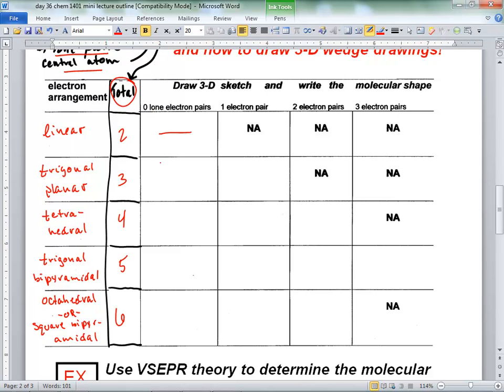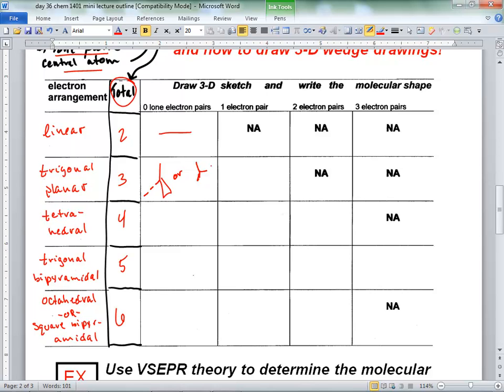Trigonal planar. The book likes to have stuff sticking out at you when they can. So, let's draw one of each direction, maybe. Or since it's just a flat triangle, you can just draw all 3 the same.